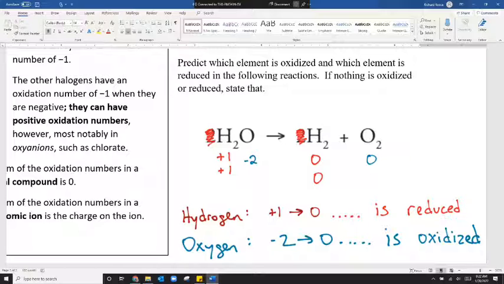Oxidation, all right, oxygen in this case was oxidized, which usually the other thing gets oxidized by oxygen, but in this case, oxidation is loss of electrons. So oxygen lost electrons. That's why it went from -2 to 0, because it lost some of those negative electrons.